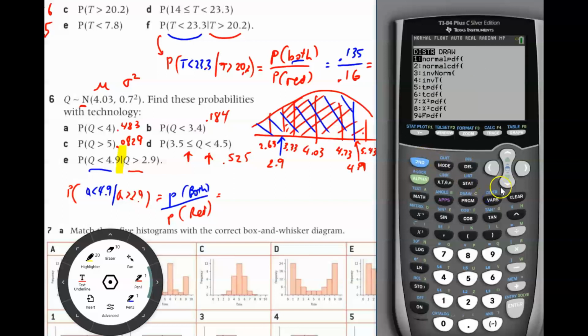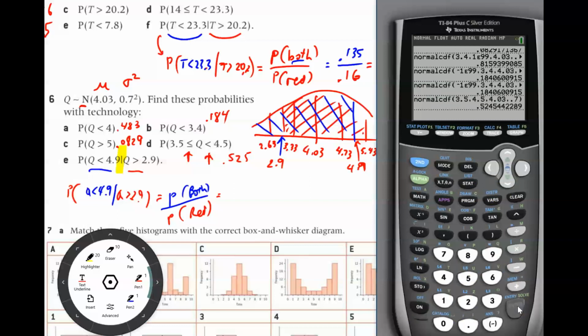Second distribution, normal CDF, probability that it's between 2.9 and 4.9 because that's both events happening. And the answer is 0.8398. If I round that to 3 significant figures, it would be 0.840.